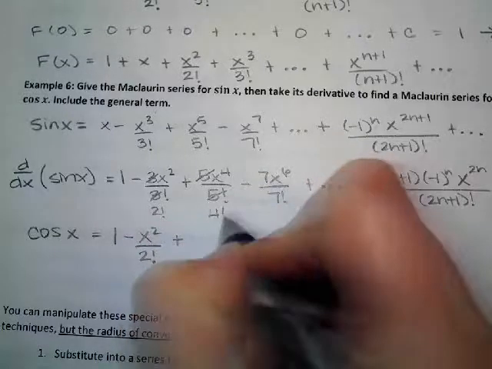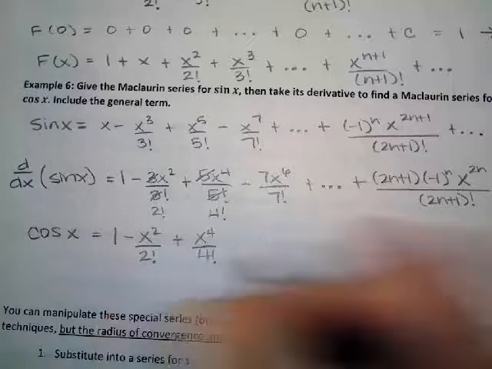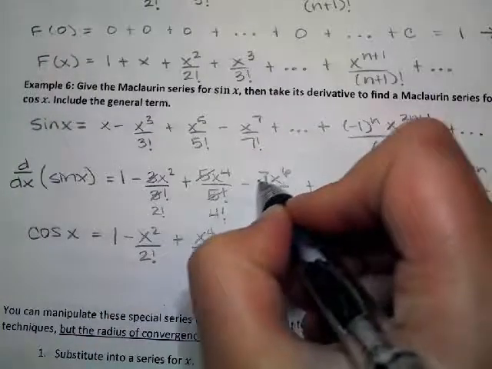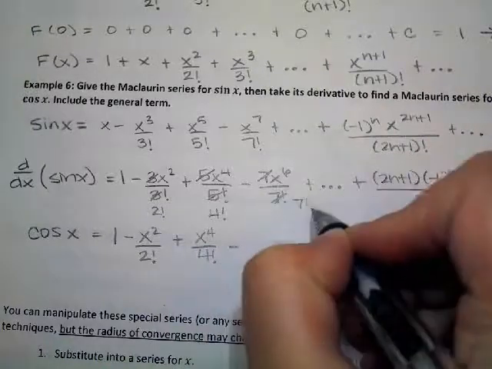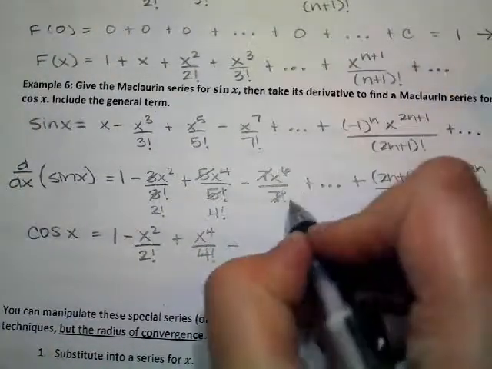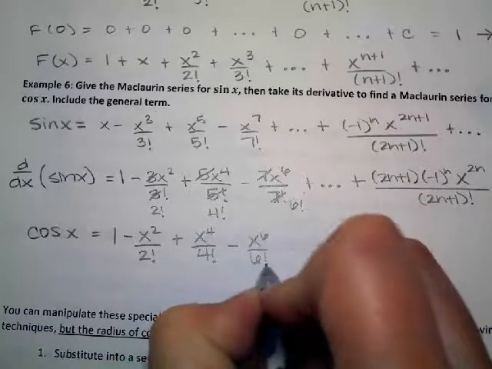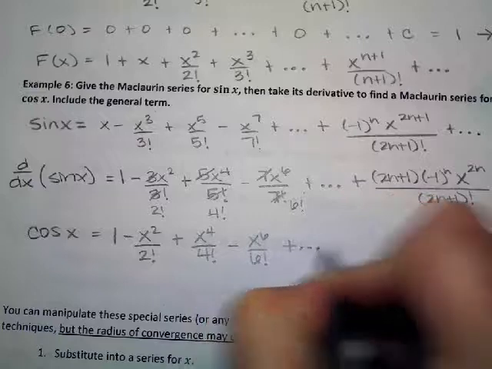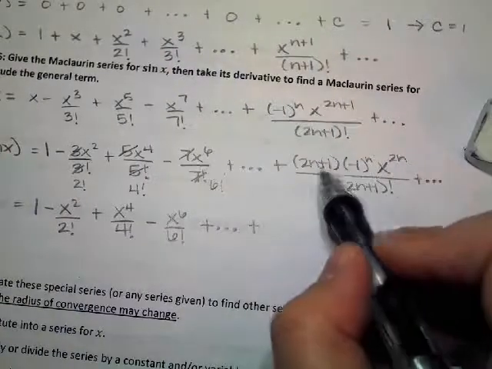Cancel a 7 with a 7, which leaves a 6 factorial behind. And then here, the 2n plus 1 is going to cancel with the 2n plus 1, which is going to leave a 2n factorial behind.